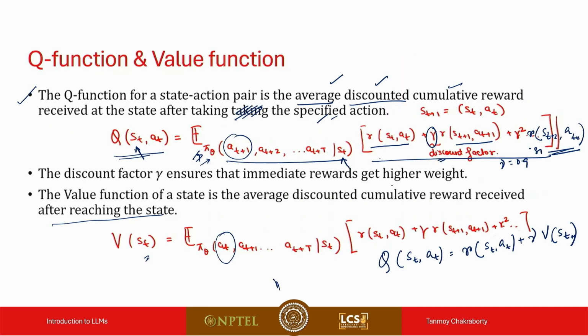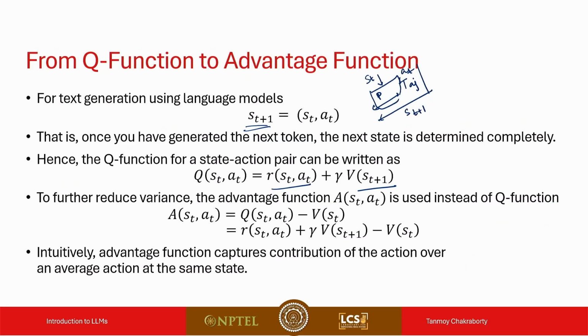This should be t plus 1. Why? Because Vt plus 1 will start from t plus 1. So to calculate this Q, I need the reward at t and then the value in the next state.